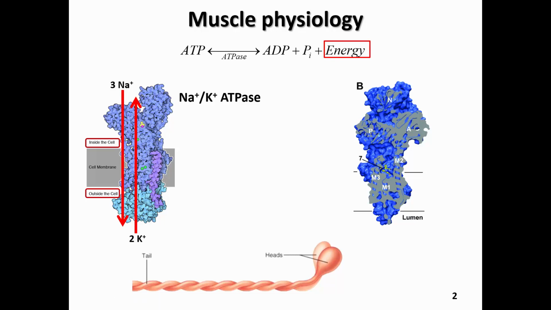Once that process is completed, the protein will form a chemical bond with two potassium ions and move those two potassium ions towards the interior of the cell where they naturally exist in higher concentration under resting conditions.